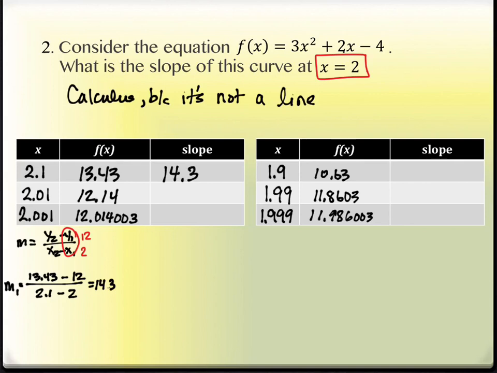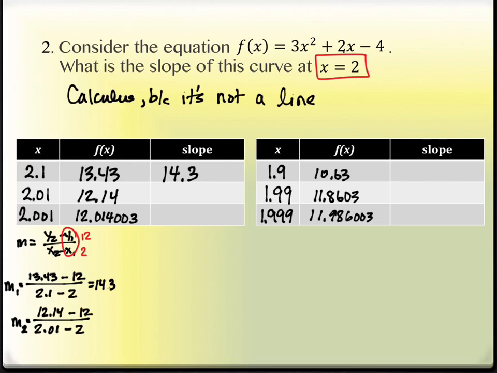And now I do the same thing. Uh-oh, that's not what I meant. But I'm going to make some changes, right? I want this to be M2, and I want this to be 2.01, and I want this to be 12.14.